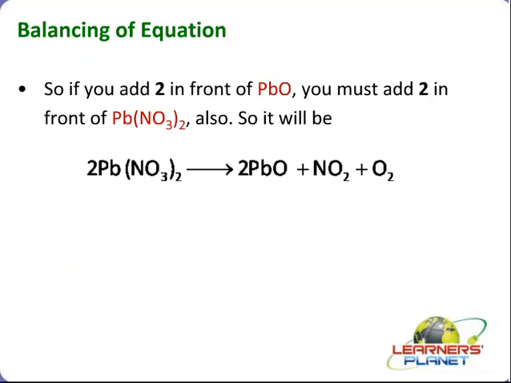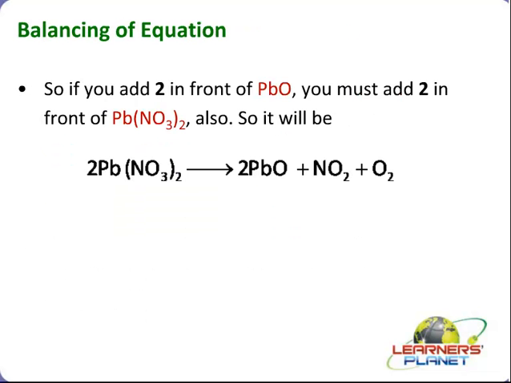Now, if I have added 2 in front of PbO, just check out how many atoms of lead are on the RHS. Now it has become 2. So you must add 2 in front of lead nitrate also. So what will your equation become? 2 Pb(NO3) twice gives 2 PbO plus NO2 plus O2. Now this is your equation.